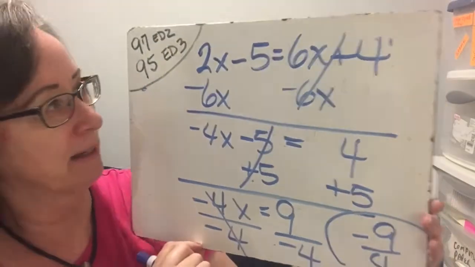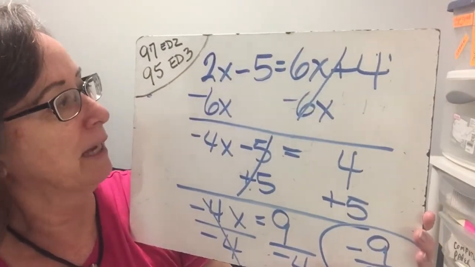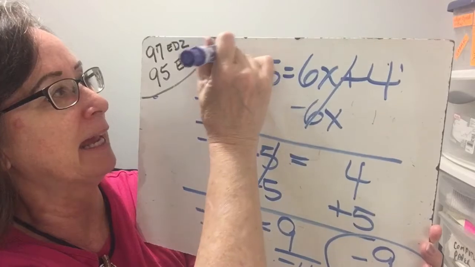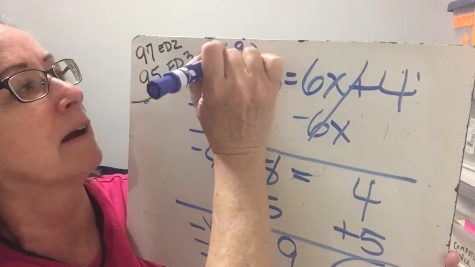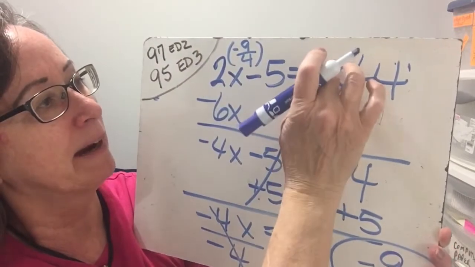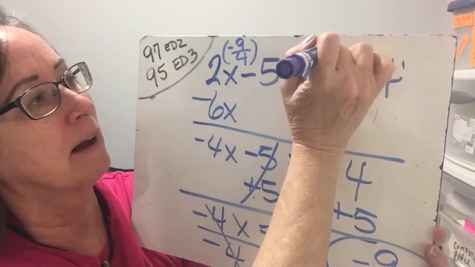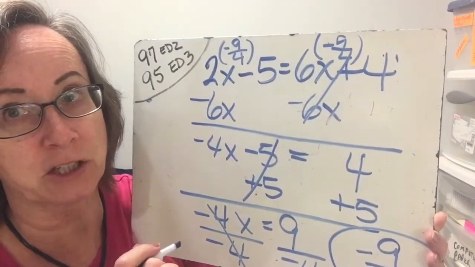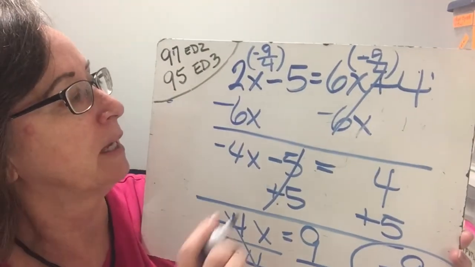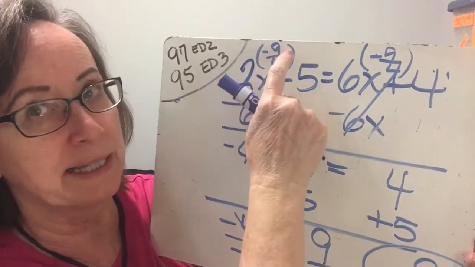But let's check it, okay? So let's go up here and let's plug in a negative 9/4 and right here, a negative 9/4. And let's check to make sure that our answer is good. 2 times the negative 9/4.